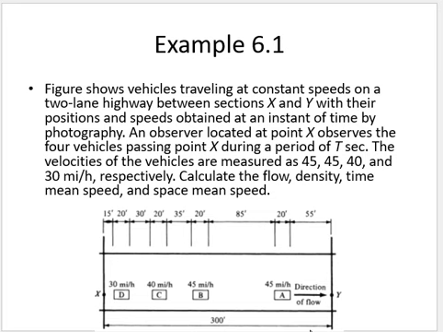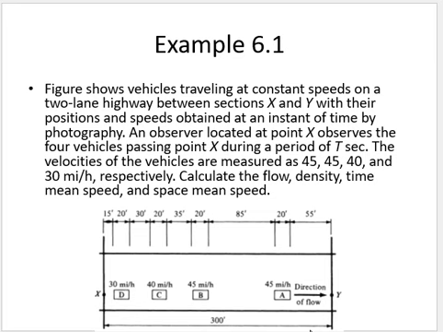And an observer located at point X observes 4 vehicles passing point X during a time of t seconds. So these 4 vehicles passed point X in t seconds, from vehicle A to vehicle D. The velocities are given.